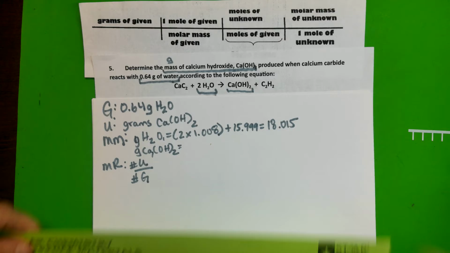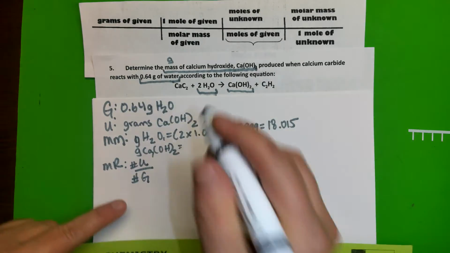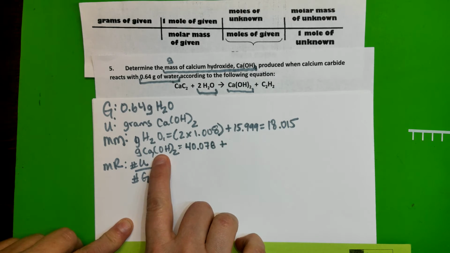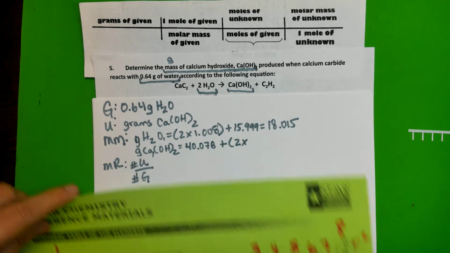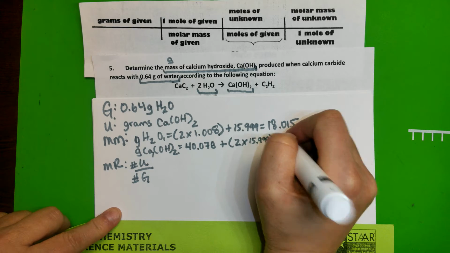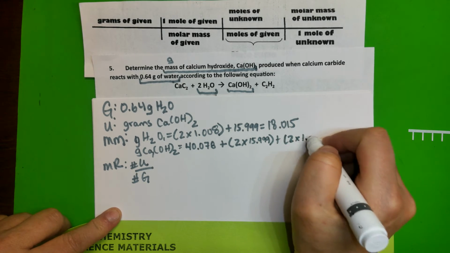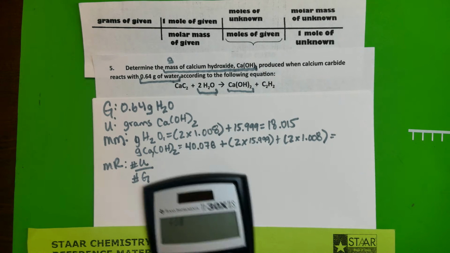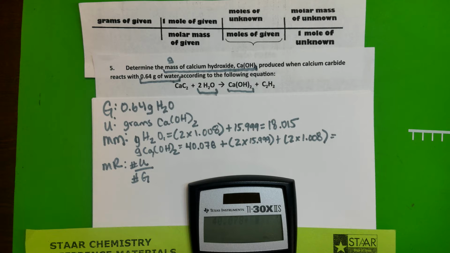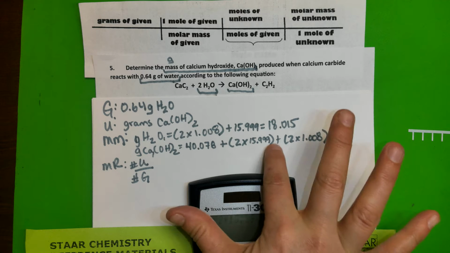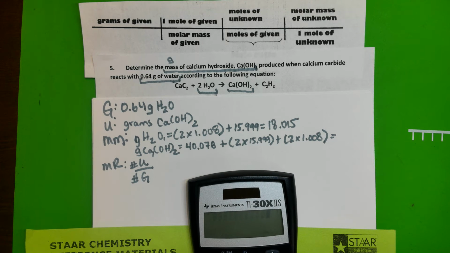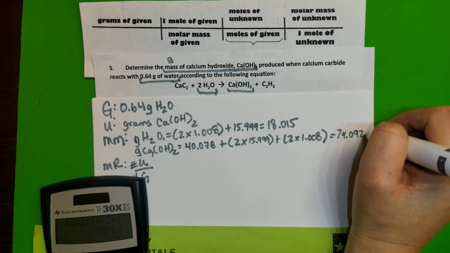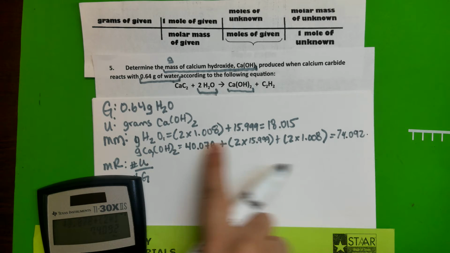Calcium is 40.078, plus 2 times 15.999 for oxygen, plus 2 times 1.008 for hydrogen. So let's calculate that: 40.078 plus (2 times 15.999) plus (2 times 1.008) is 74.092 grams. Again, this is grams of calcium hydroxide, and the other is grams of water.